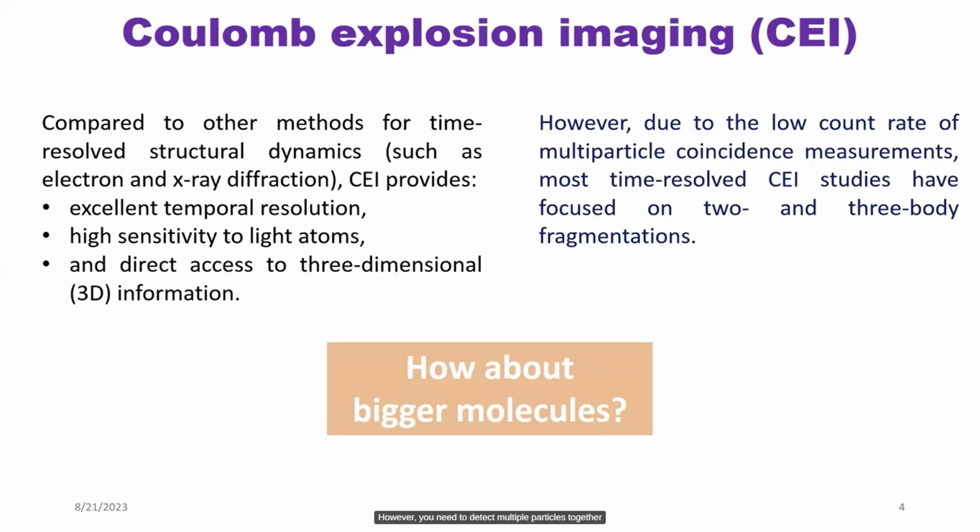However, you need to detect multiple particles together in one event, a coincidence measurement, which is very challenging because detector efficiency is not very good and the count rate is low. So most time-resolved CEI studies have focused on only two or three body fragmentations, which limits the size of the molecular system you can address.